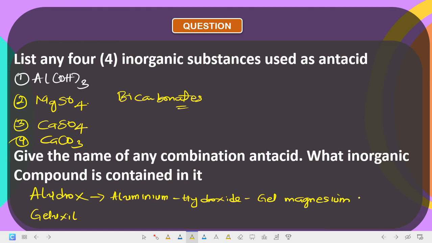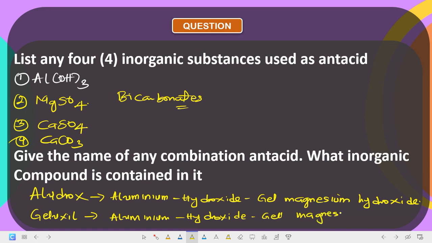Gelusil is comprised of aluminium hydroxide gel and magnesium trisilicate.